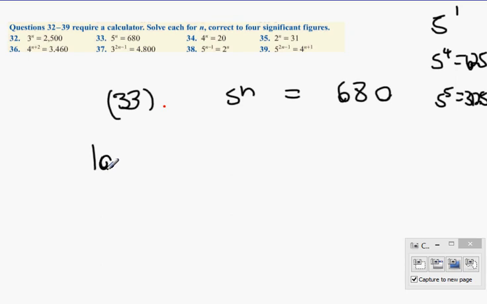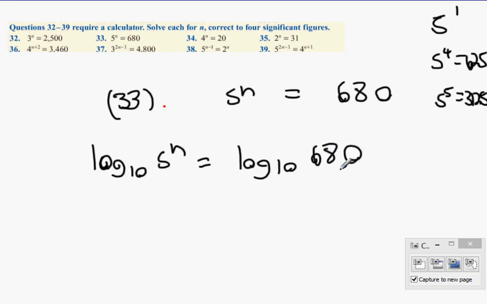Now here's how we do it. Log both sides. Any base you want, but we'll use base 10. Log to base 10 of 5 to the n equals log to base 10 of 680. Is everybody happy with that? You just put a log in front of both sides. Now we use the power rule to isolate the n.